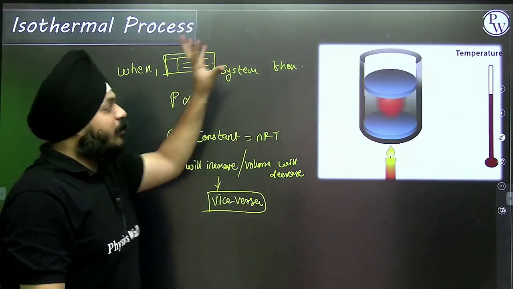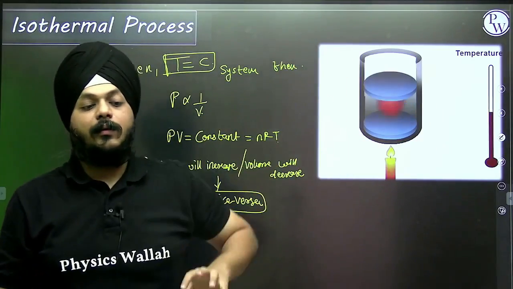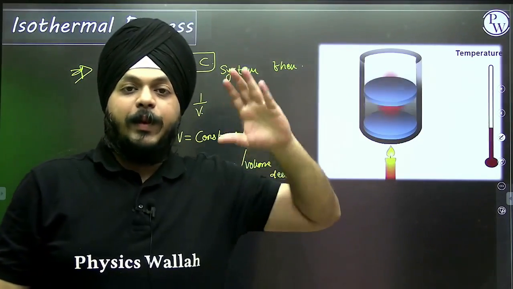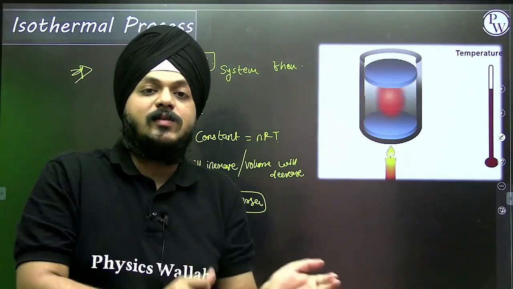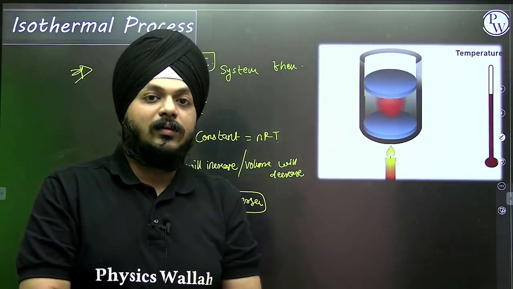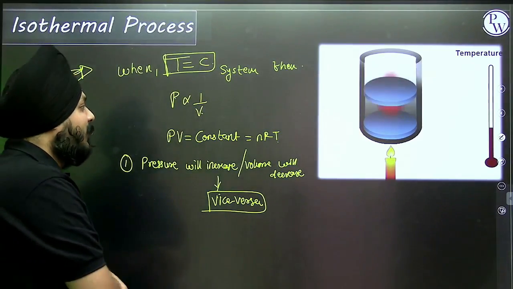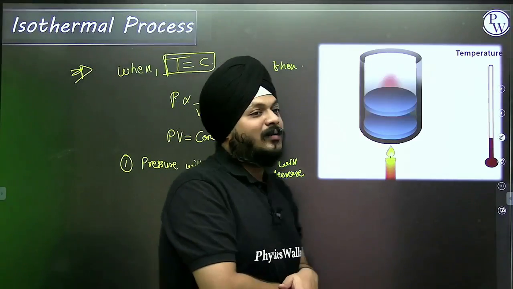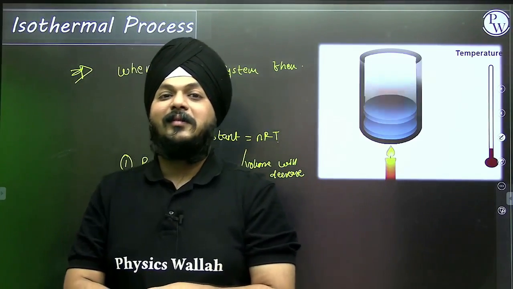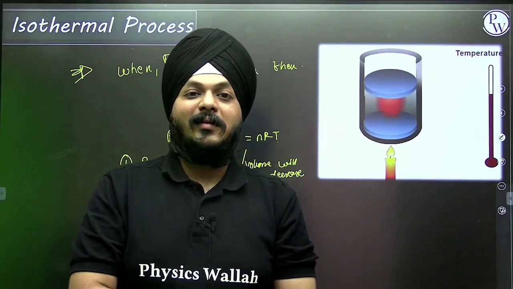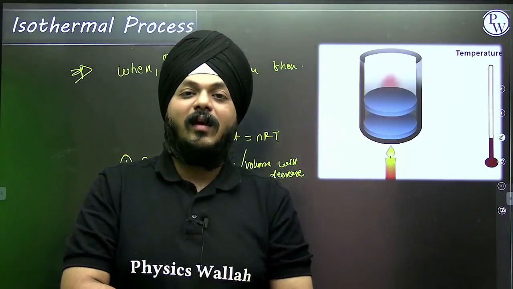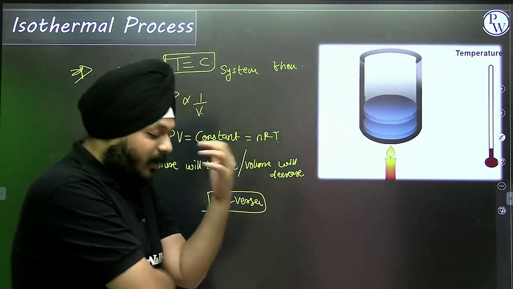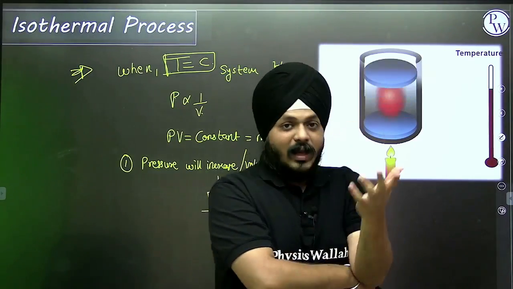So suppose the temperature of the system is kept constant and heat exchange is going on, is it possible? Is it possible without heat exchange, without temperature difference, for the heat to flow?